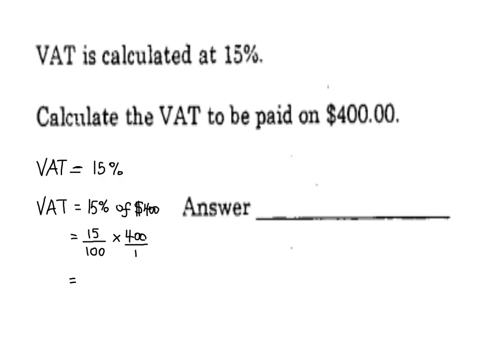A shortcut whenever we deal with multiples of 10, 100 or 1,000, we could cancel out the factor, and it's as easy as just crossing off the number of zeros. So cross off the zeros on the 400 and the 100, and what remains is just the numbers on the top, 15 and 4. So can you multiply 15 by 4 for me?